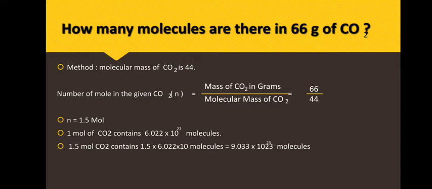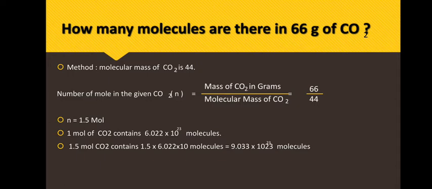So 1 mole of carbon dioxide contains 6.022 into 10 raised to the power 23 molecules. Now we know that this number is fixed. So how many will 1.5 mole of carbon dioxide be? So what will you do? The answer is very simple. 1.5 mole of carbon dioxide contains 1.5 into 6.022 into 10 raised to the power 23 molecules.